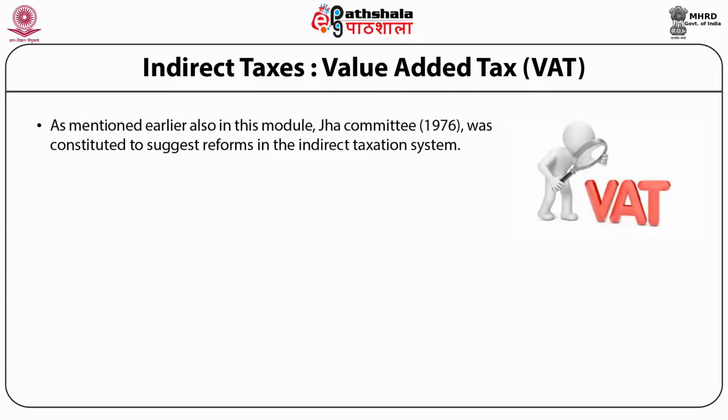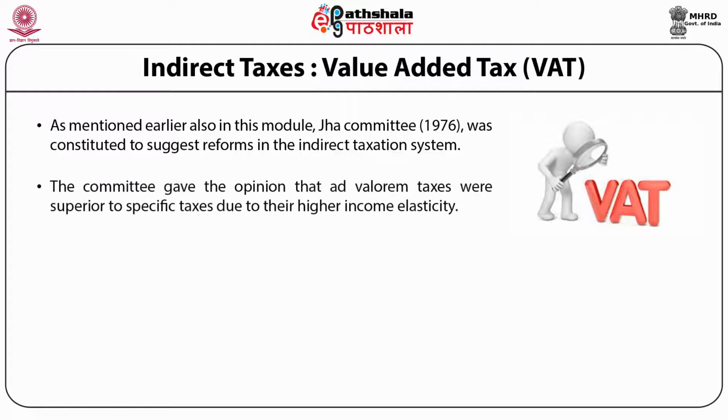Value added tax, that is VAT. As mentioned earlier also in this module, the Jha Committee 1976 was constituted to suggest reforms in the indirect taxation system. The committee gave the opinion that ad valorem taxes were superior to specific taxes due to their higher income elasticity.